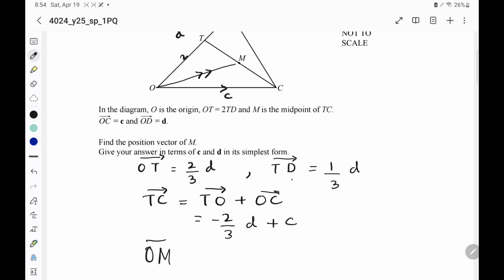So now we are going to find out OM. O to M will be equals to OT plus TM. Alright, I hope you understood.